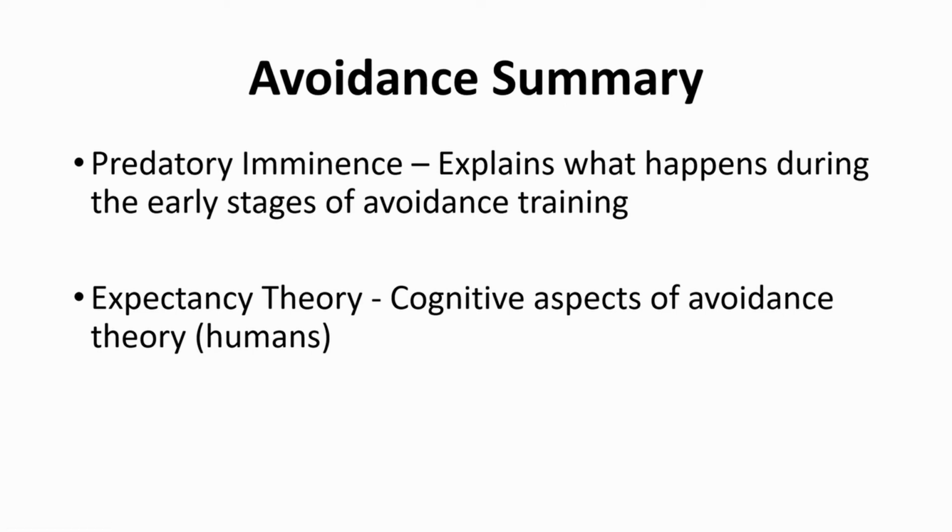And our expectancy theory does a good job explaining the cognitive aspects of avoidance theory. So it's a lot more readily applied to humans, where we can actually evaluate our cognitive processes, but there are some people who are trying to apply expectancy theory to other species.